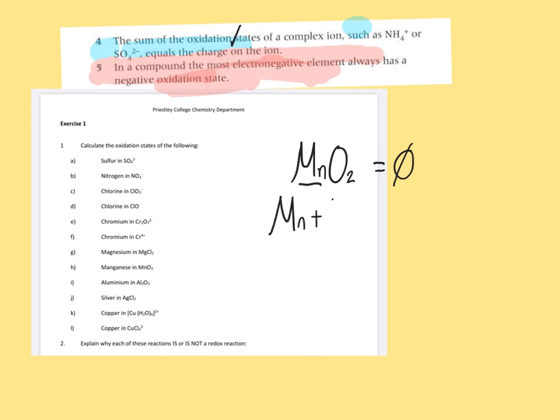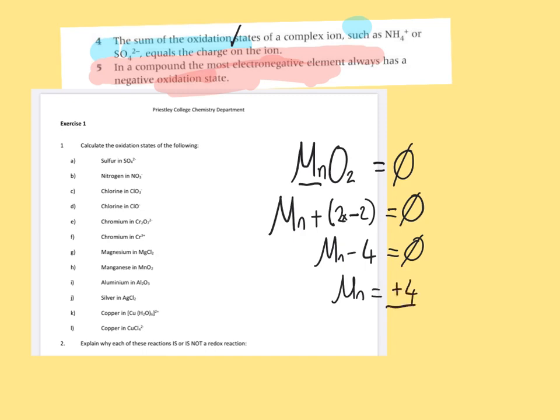So the sum of their oxidation states is 2 lots of oxygen, which is 2 times -2. The overall charge is 0, and therefore manganese - 4 equals 0. If we add 4 to both sides, the oxidation state of manganese is +4.